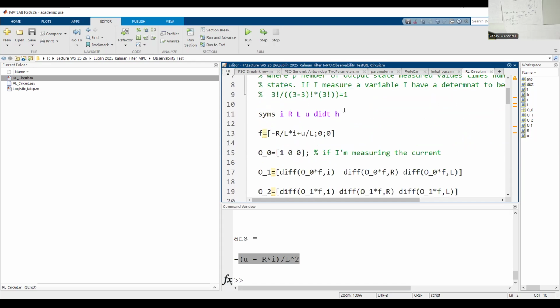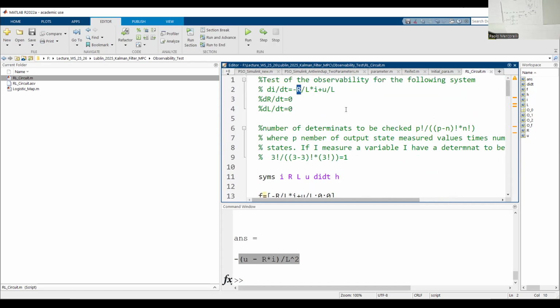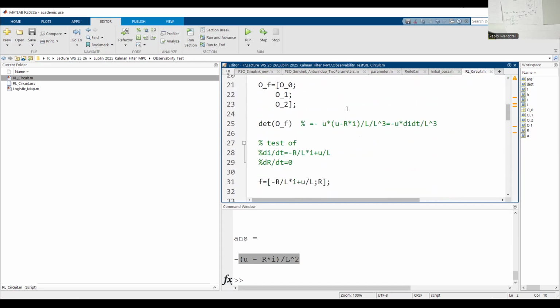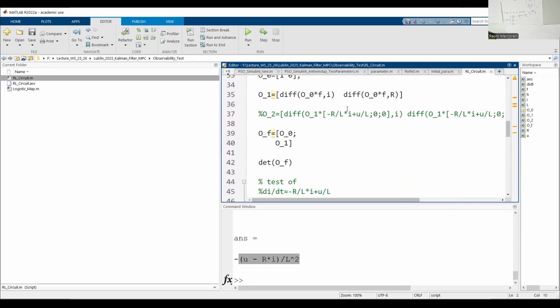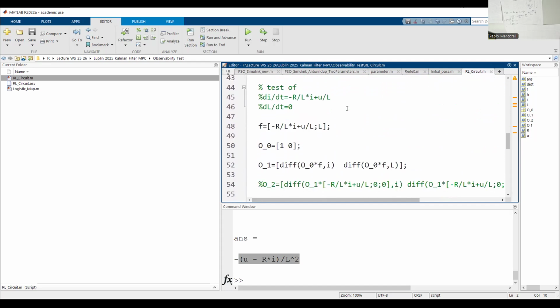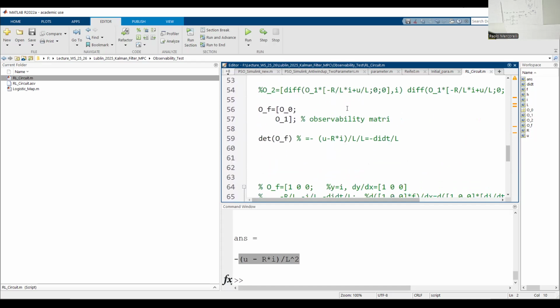We can see that in both conditions, we don't have U. This means I can estimate R and L independent of U.